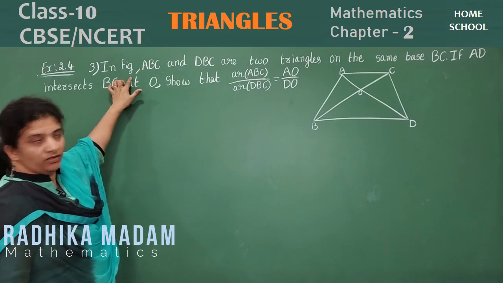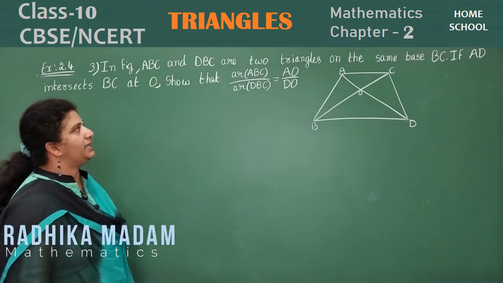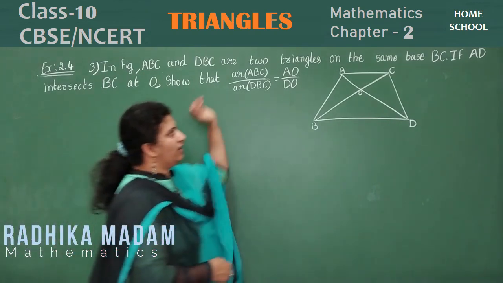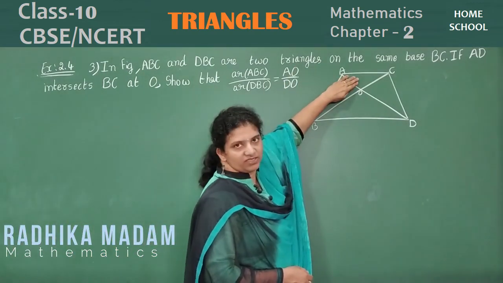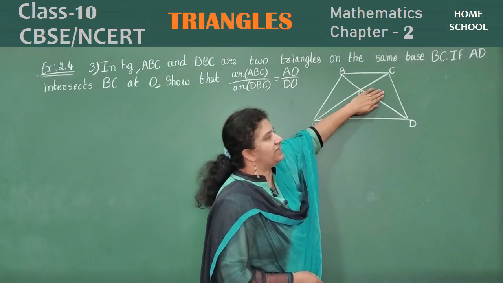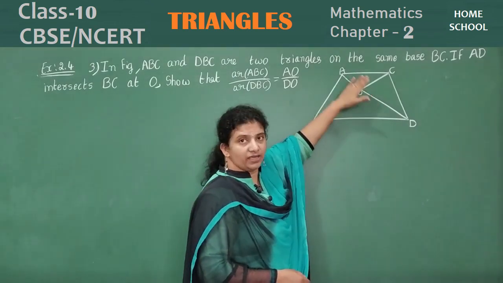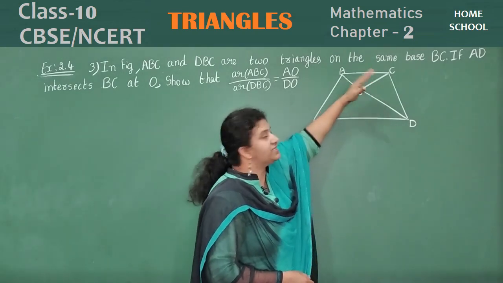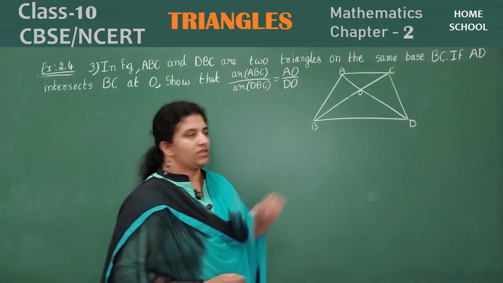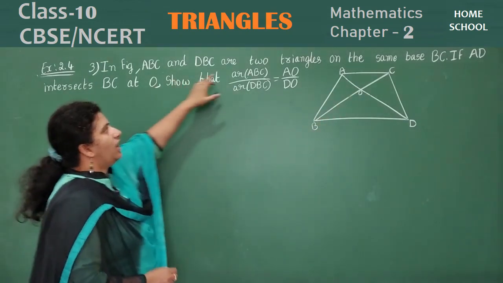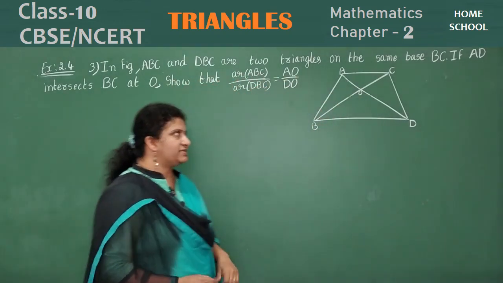In the figure, ABC and DBC are two triangles. Children, can you see the triangles here? ABC, this triangle, and DBC. Observe here, the two triangles are lying on the same base BC. Triangle ABC and triangle BDC are two triangles on the same base BC.